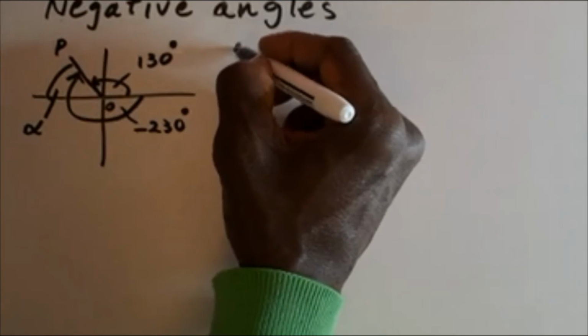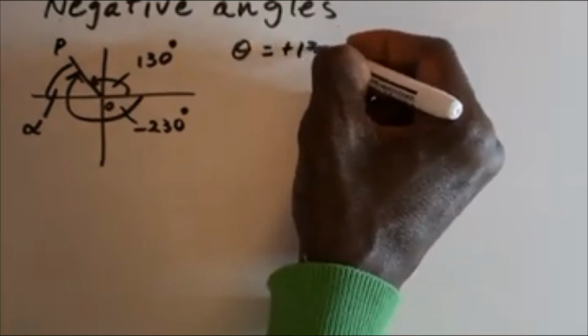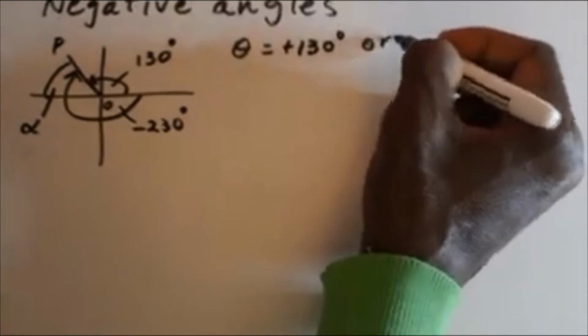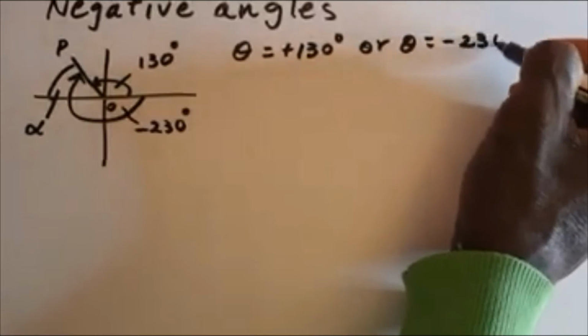Now theta, let's go through this, is positive 130 degrees, or theta is equal to minus 230 degrees.